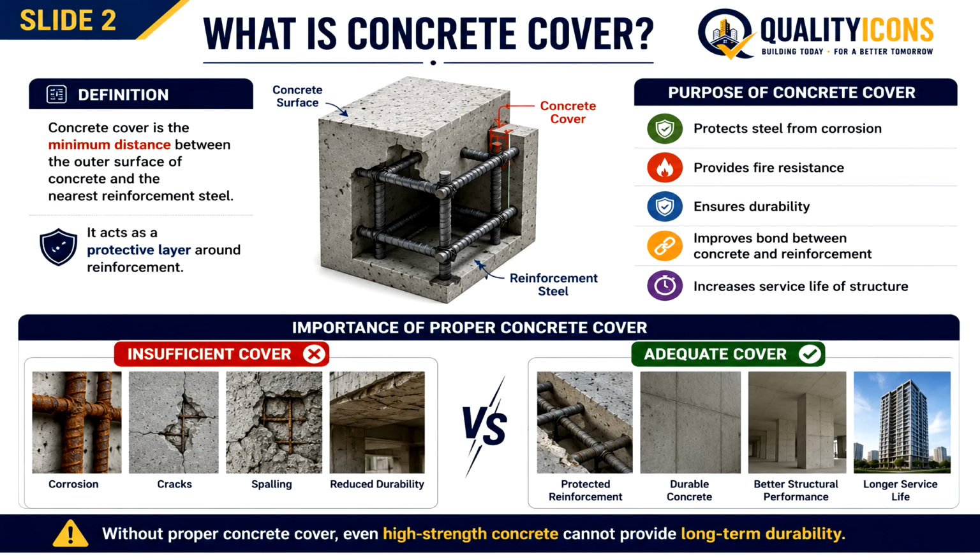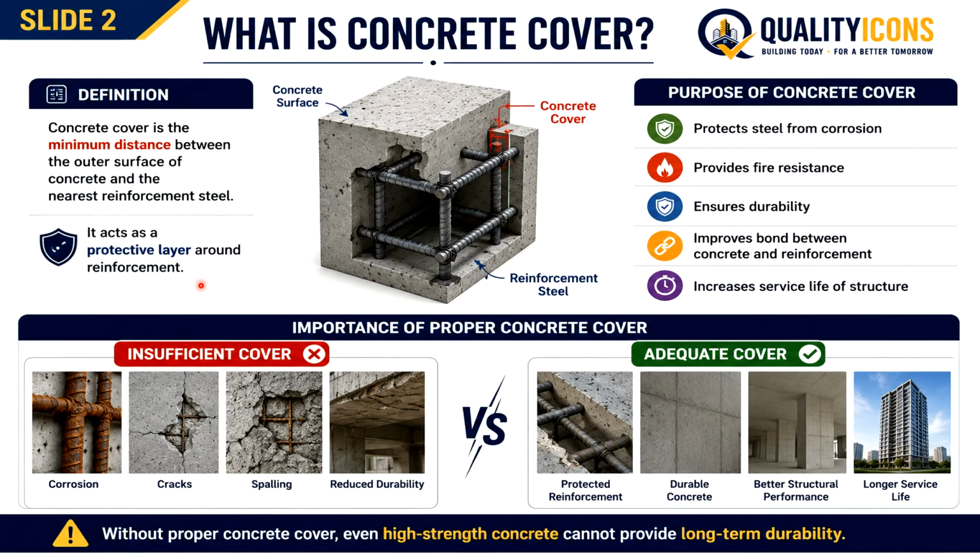Coming to slide 2, what is the concrete cover? The definition is, concrete cover is the minimum distance between the outer surface of concrete and the nearest reinforcement steel. It acts as a protective layer around reinforcement.